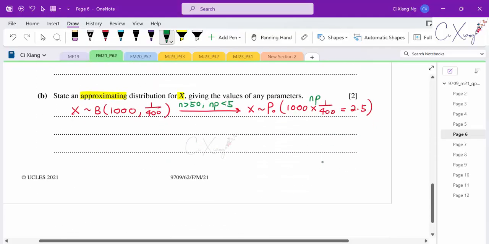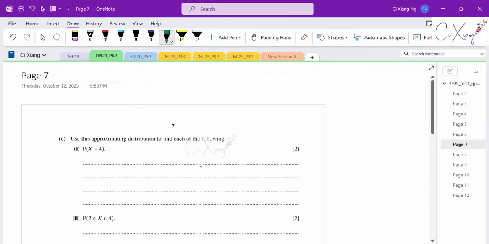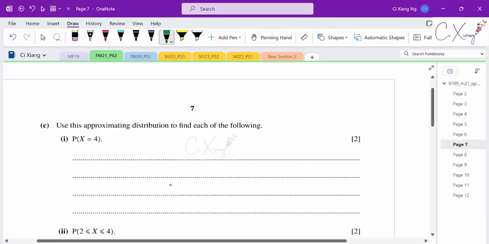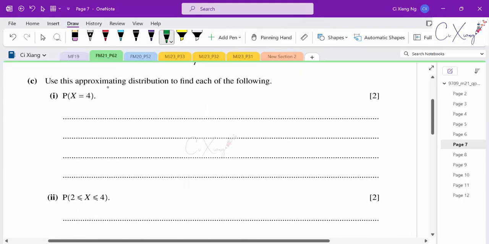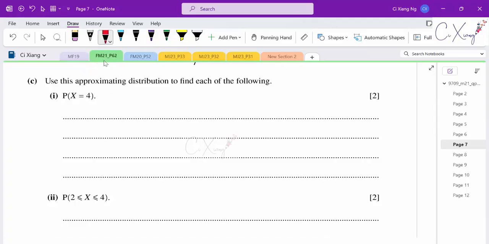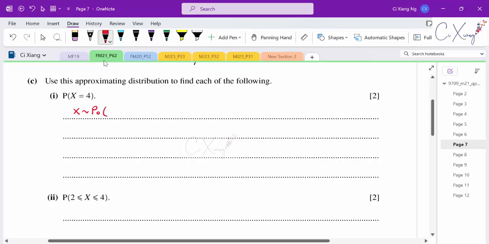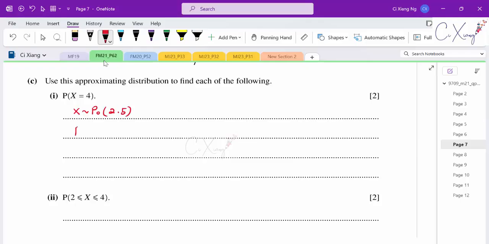Then let's have a look at part C. For part C, they want us to use the approximating distribution to find each of the following. Just to recall, we already changed binomial to Poisson distribution and the lambda is 2.5. How do we calculate the probability for x equals 4?